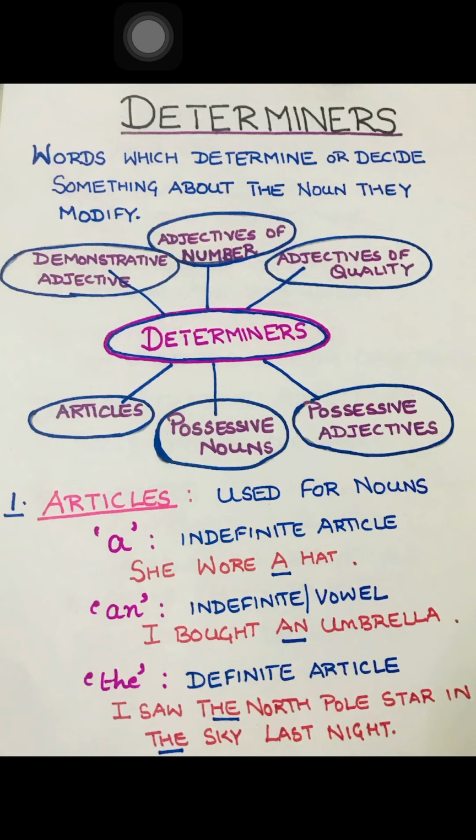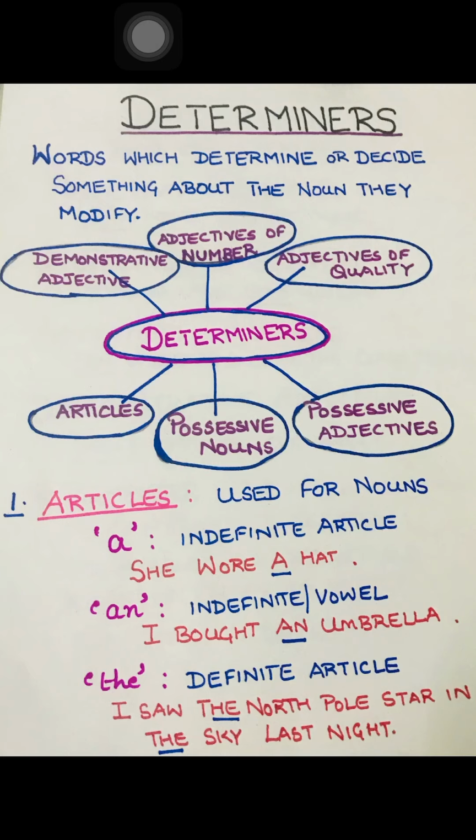Like if I say, I saw a star in the night sky. See children, there are millions of stars in the sky. Now, which particular star I spotted is not known. Hence, you must know that a is an indefinite article and is used for a singular noun. That means we just cannot say she wore hat.